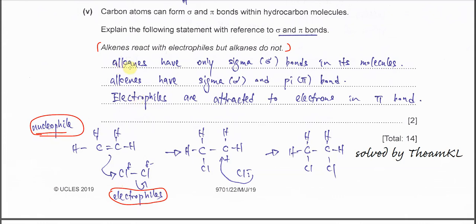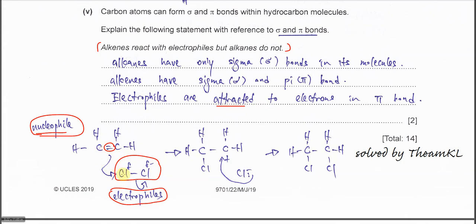Okay, so now for this, alkane only has sigma bonds in the molecule, but the alkene has both sigma bond and pi bond. So we know that the electrophile, which is electron deficient, will get attracted by the electrons in the pi bond here. So it gets closer, and one of the electron pairs will move out and form bonding with the Cl.